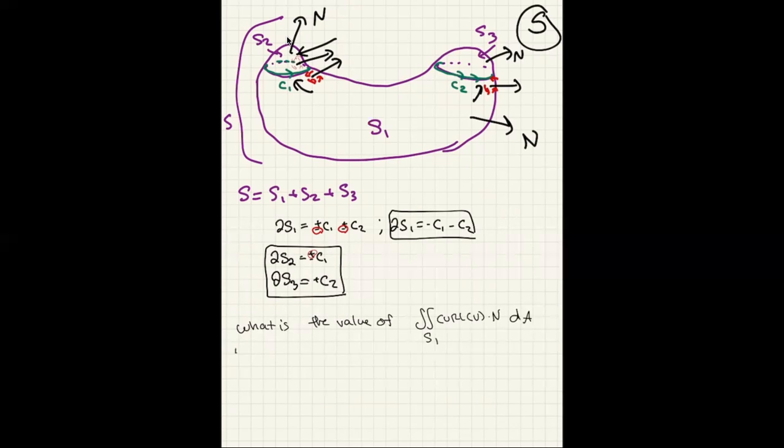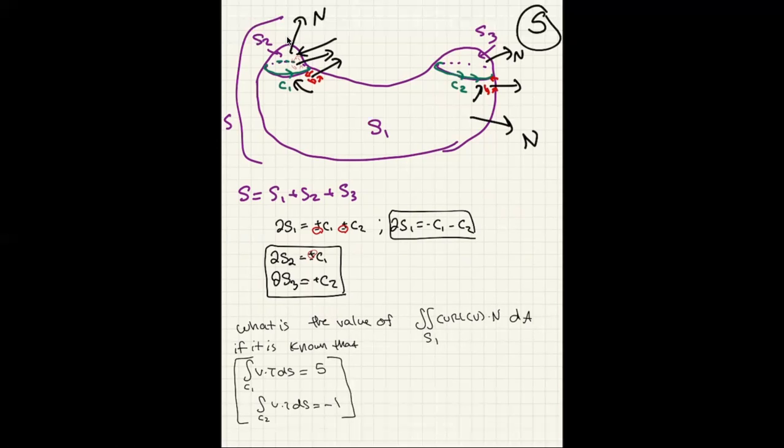It is known that the single integral over C1 of v dot t ds is, I'm just going to make something up, like 5. And the single integral over C2 of v dot t ds is equal to, let's say, -1.